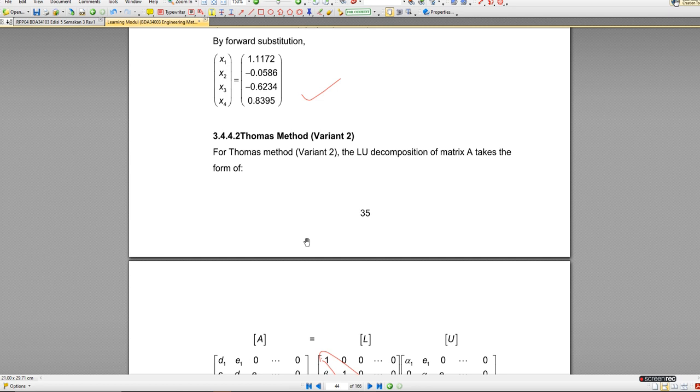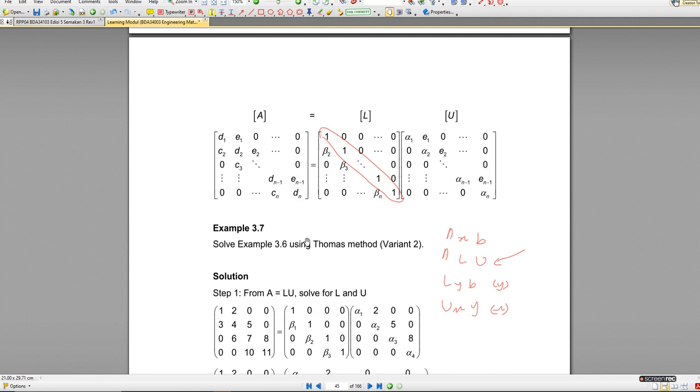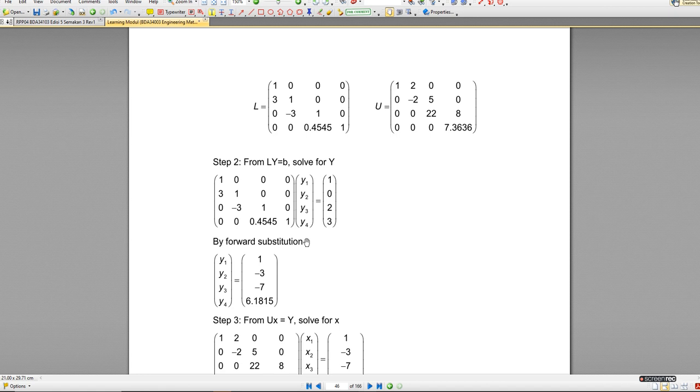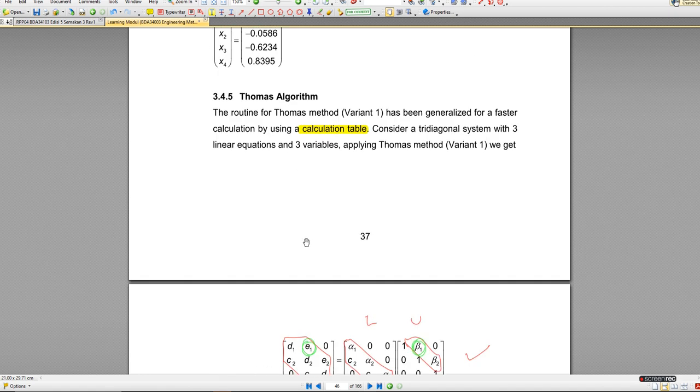Variant 2 is not covered in our lesson plan, so I proceed with this refreshment again.